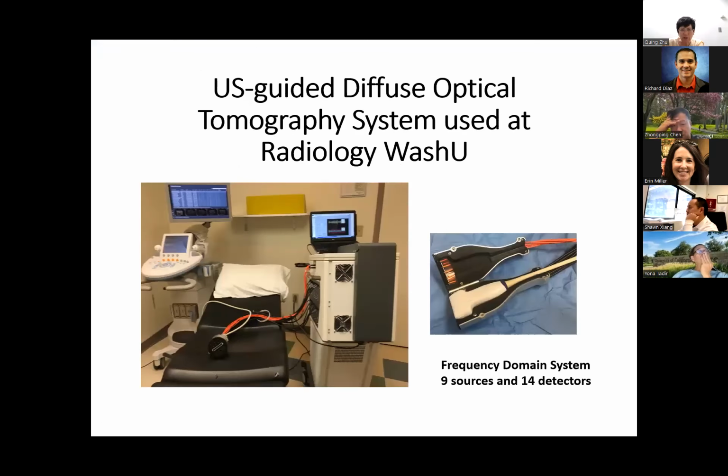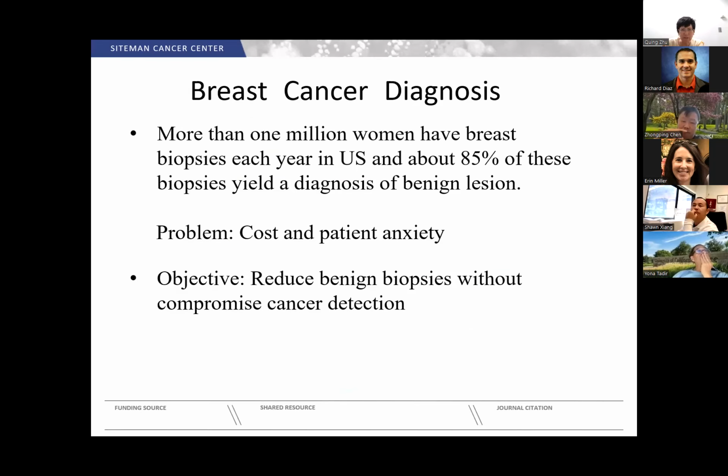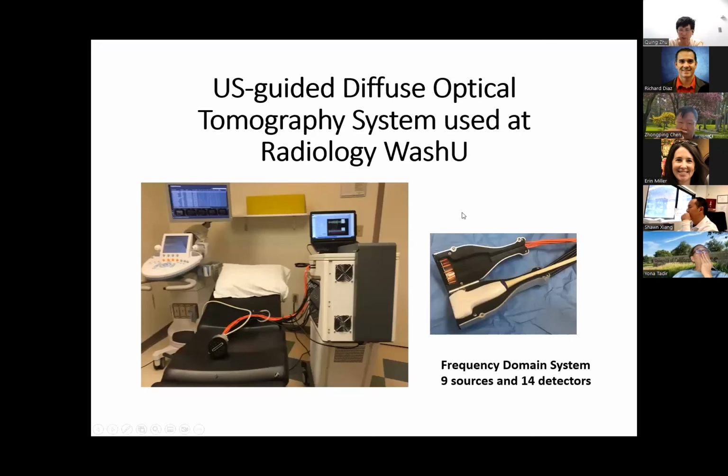So this is the diffuse light combined with ultrasound. I have been working on this for a number of years. Initially, we thought that we were going to detect more cancers, but later, because the resolution of the diffuse light is lower, and also because with X-ray mammogram combined with ultrasound the radiologists are reasonably accurate in detecting cancers, they do not need another modality.